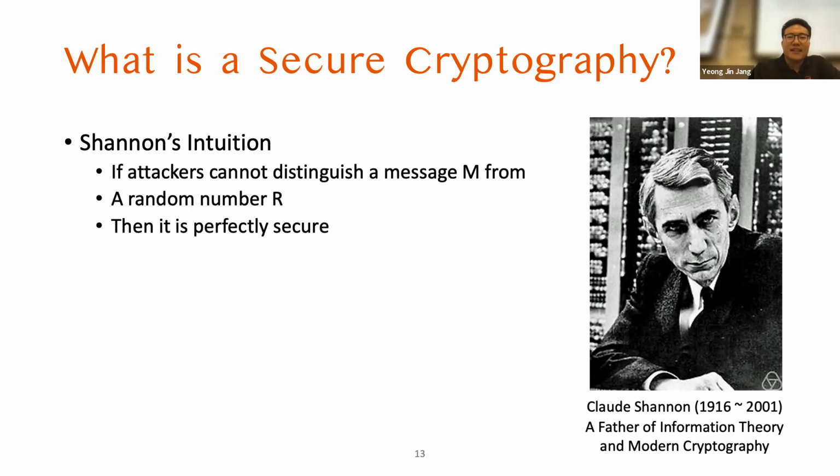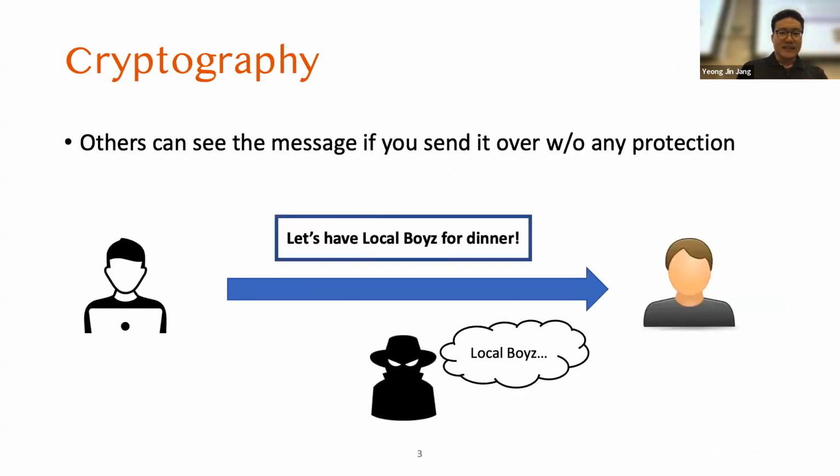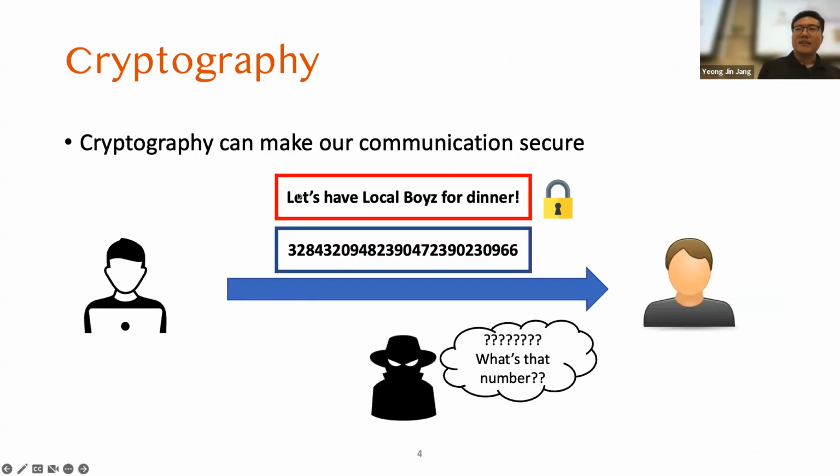And his intuition is, from the figure that I showed you first, something like this. If there's a plain text message, but we can scramble it so it looks like a random number to the attackers, then they cannot guess it.